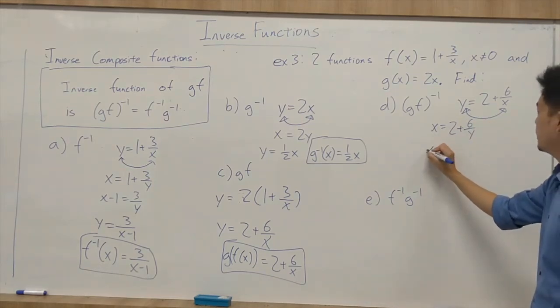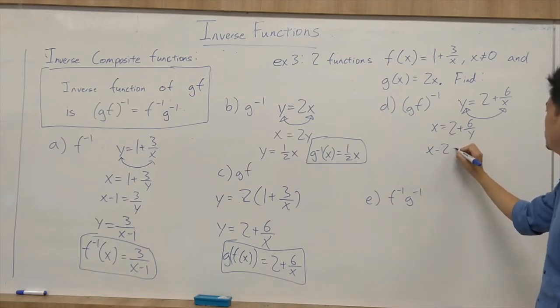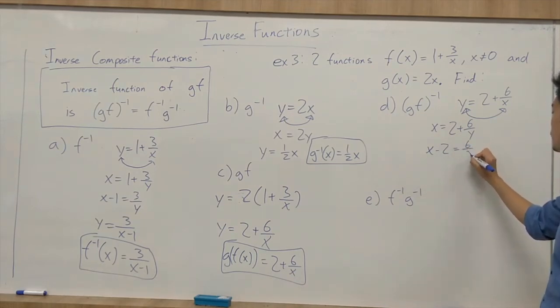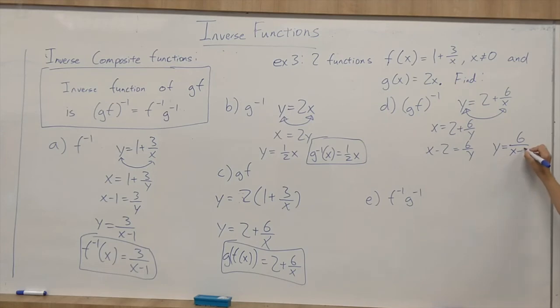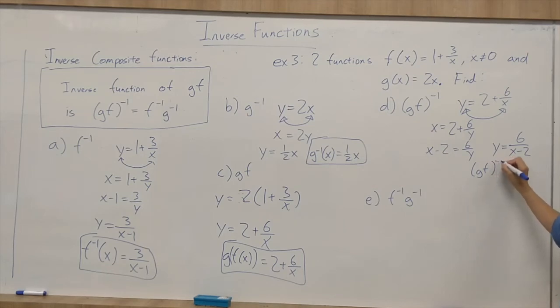We end up with x minus 2 equals 6 over y, and that means y equals 6 over x minus 2. Therefore, the inverse of the composite function gf equals 6 over x minus 2.